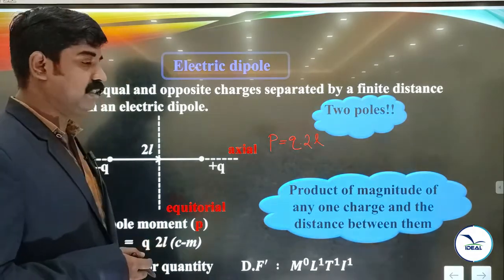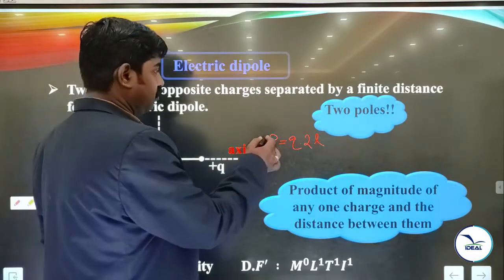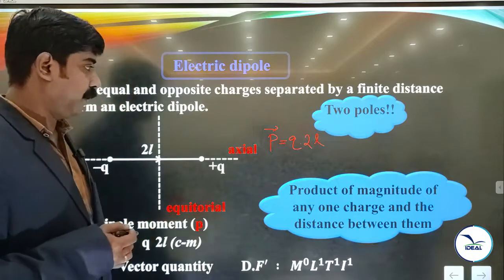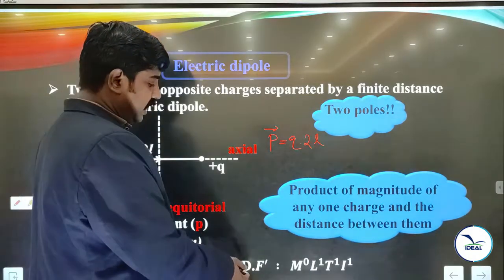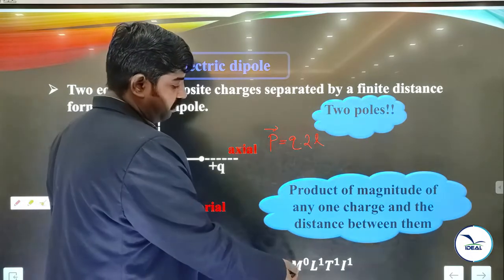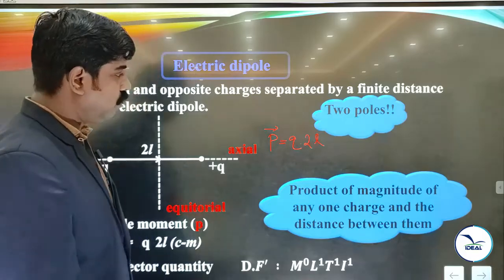We denote it as vector P. Its dimension is M raised to 0, L raised to 1, T raised to 1, and I raised to 1.